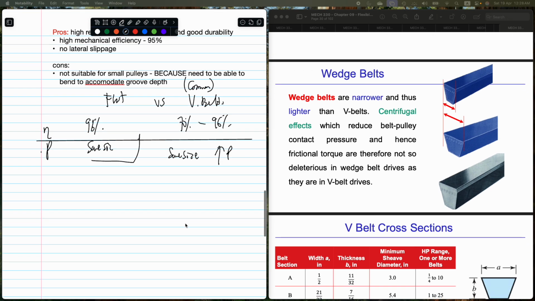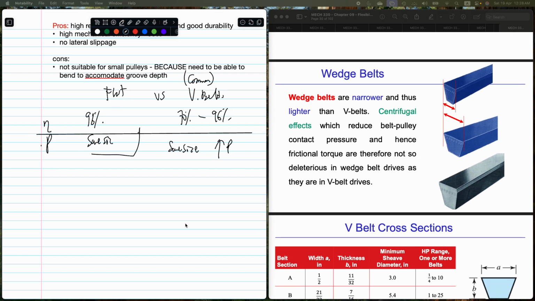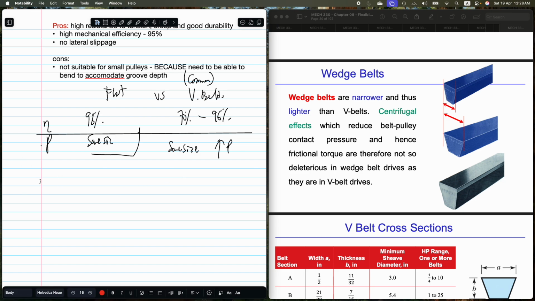Okay, is this something we need to know? I'm just gonna quickly write this. Let's just write a text here actually. So we have wedge belts.